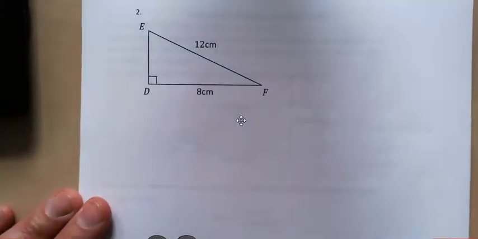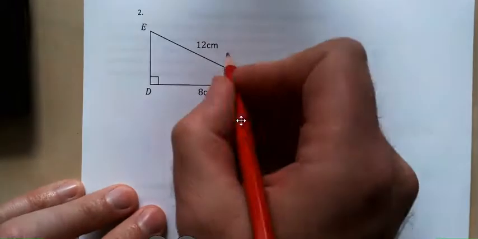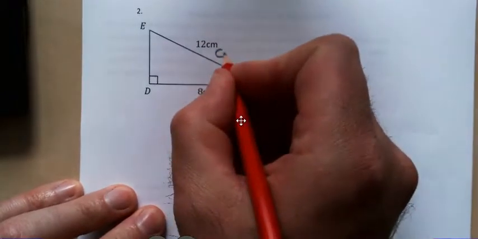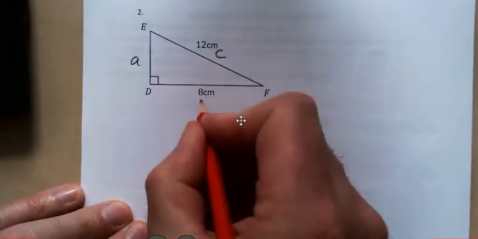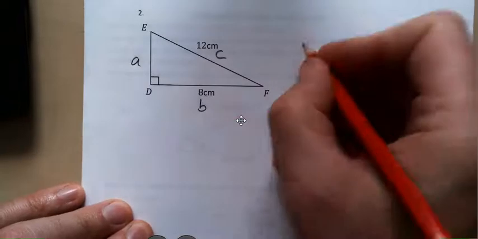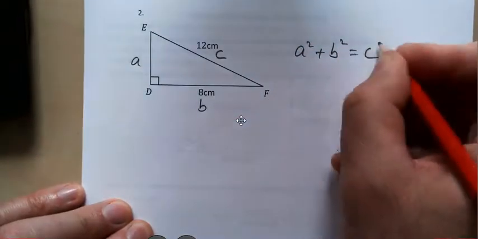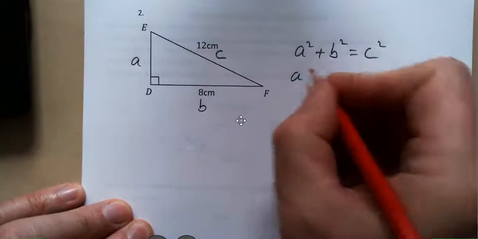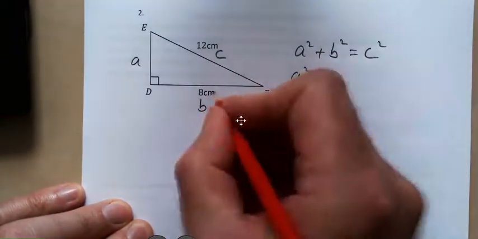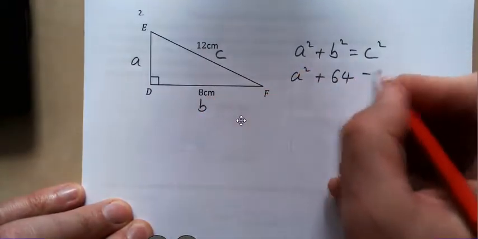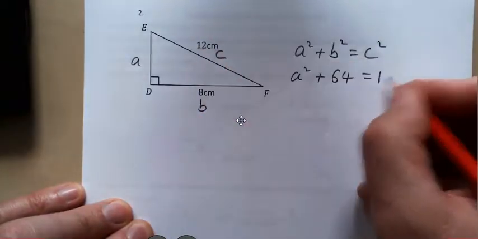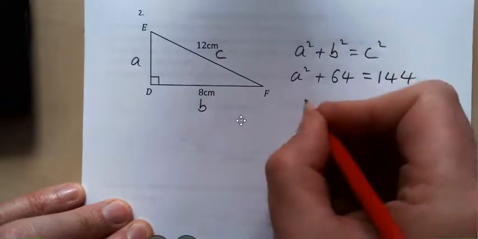So we have 12 and 8. Label our sides: C, A and B. A squared plus B squared equals C squared. A squared plus 8 squared, which is 64, equals 12 squared, which is 144.